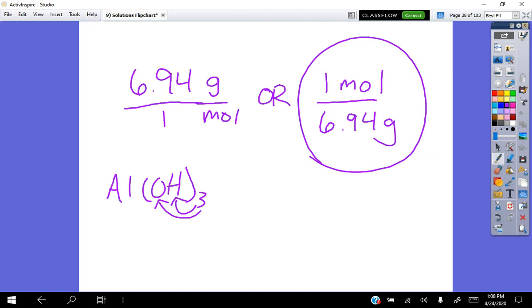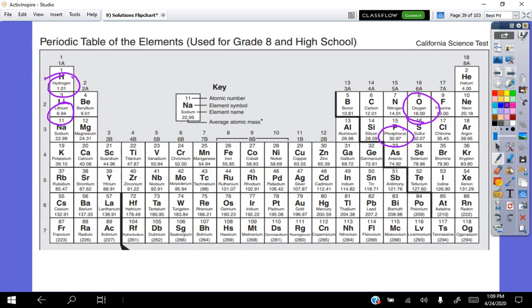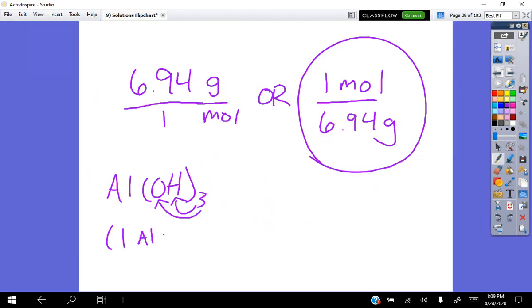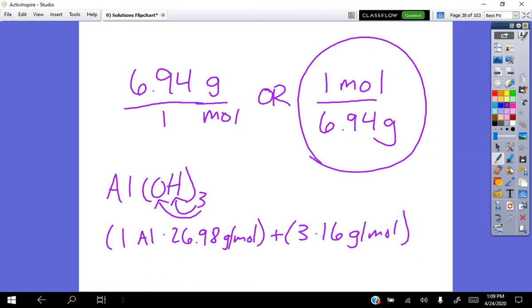So when we figure out our molar mass, it's going to be 1 aluminum times the mass of aluminum, which is 26.98, plus 3 times the mass of oxygen, which we covered before is 16 grams per mole, plus 3 times the mass of hydrogen, 1.01 grams per mole.